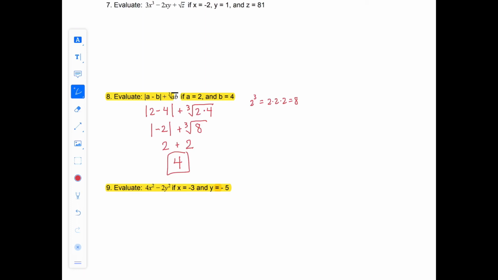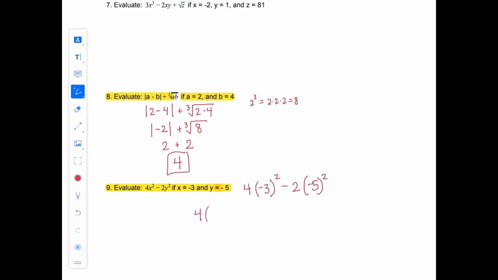Now let's look at the last one. So we're grouping here, or not grouping, we're plugging in the -3 for x, parentheses, and -5 for y. So let's go to PEMDAS, that's the exponents.